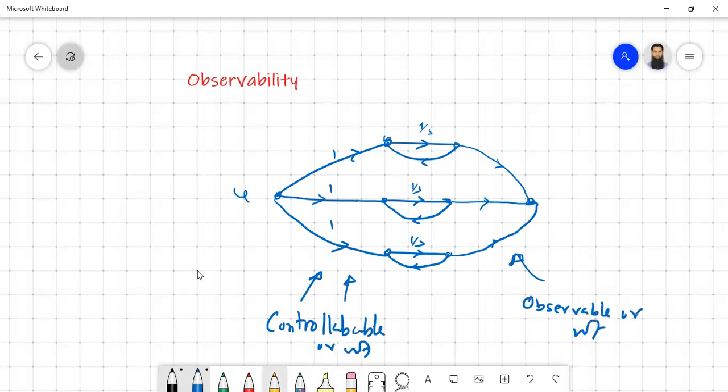If somehow one of them is missing, like in this scenario, then X1 has no effect on the output. So by observing the output Y, we cannot estimate the value of X1, and the system cannot be observable.